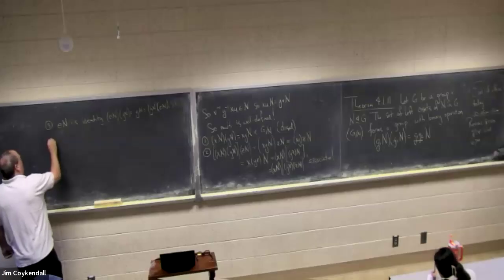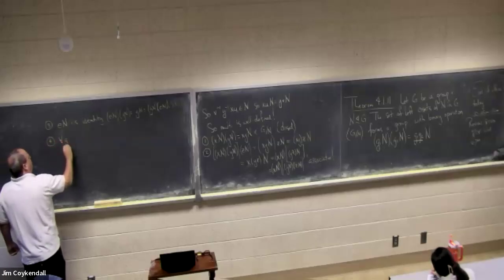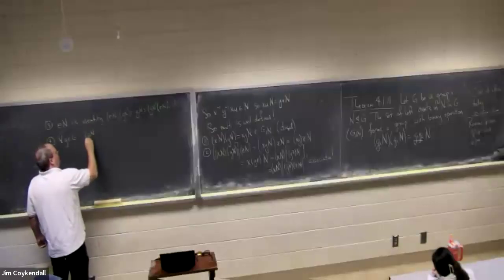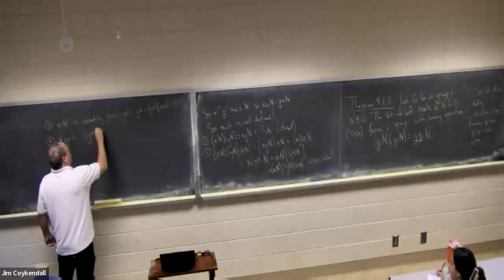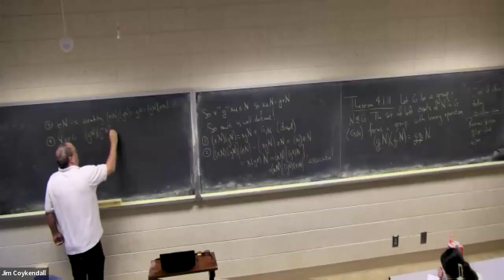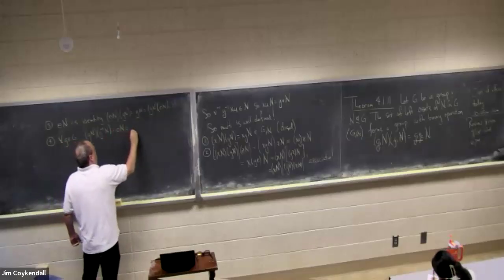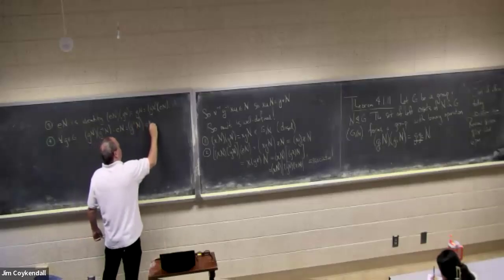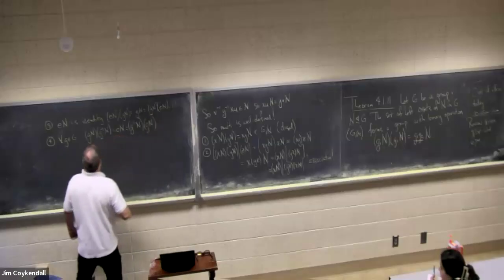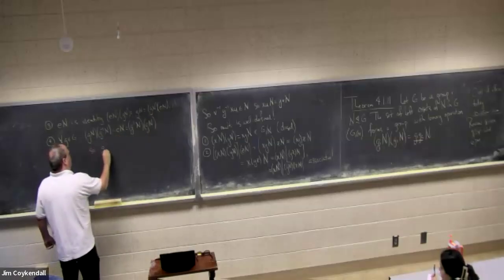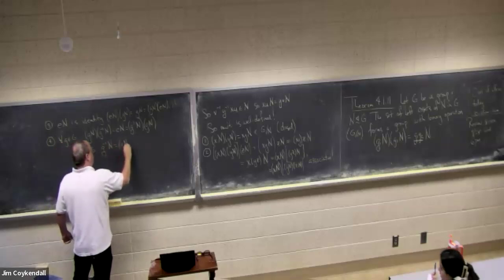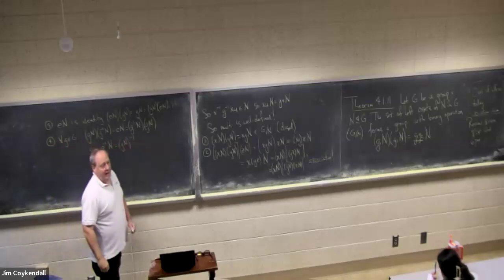And for all g in G, gN times g inverse N equals eN, which is g inverse N times gN. So g inverse N is the inverse of gN. And there you go.